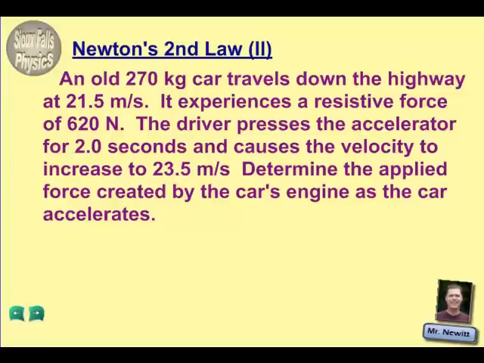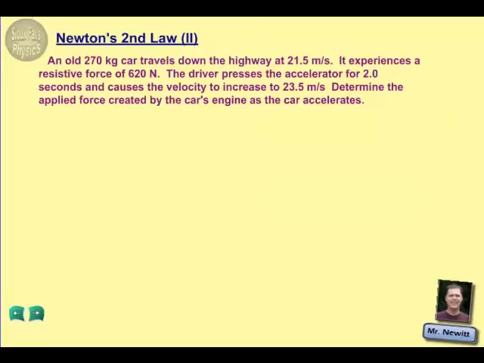All right, so let's first of all start off by looking at the situation and thinking about the forces that are involved in the problem. So a little free body diagram here. Here's my car driving down the road. We know that the car is moving at a certain velocity. It's not accelerating to start with.